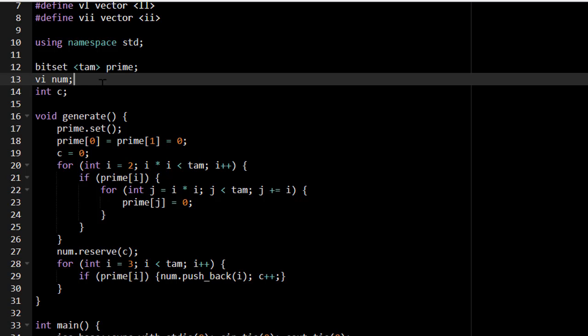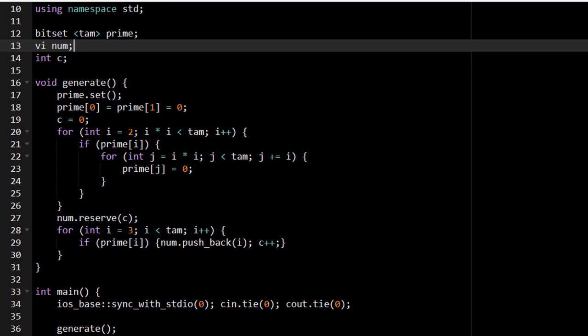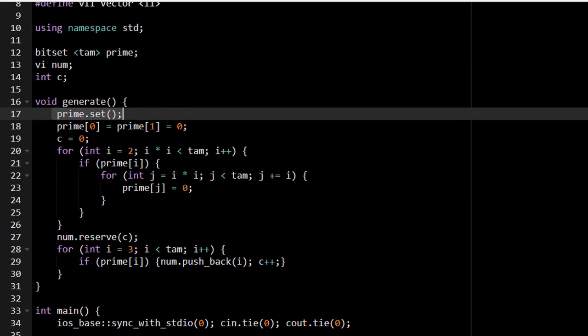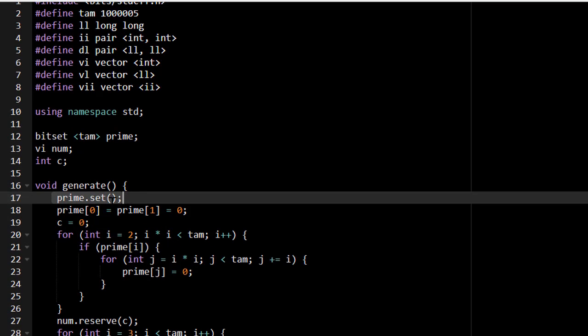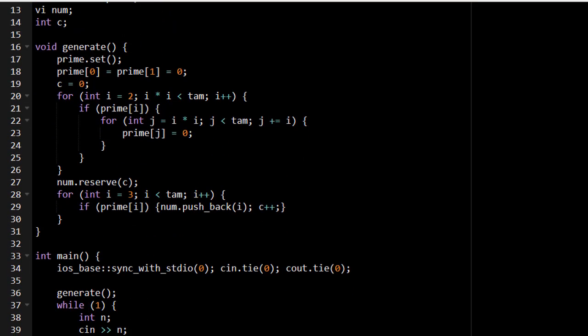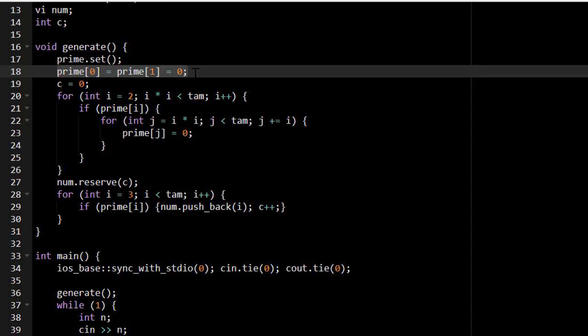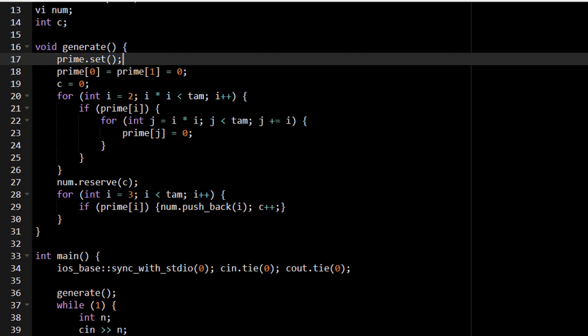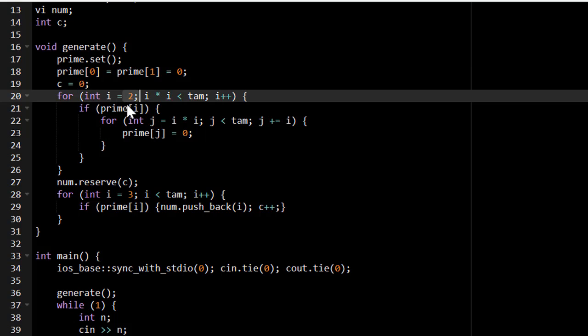You maybe saw that in high school or in elementary school. First we're gonna say that all the numbers from 0 to 1,000,004 are primes. Then we say 0 and 1 are not. We are gonna start from 2, which we know is prime.